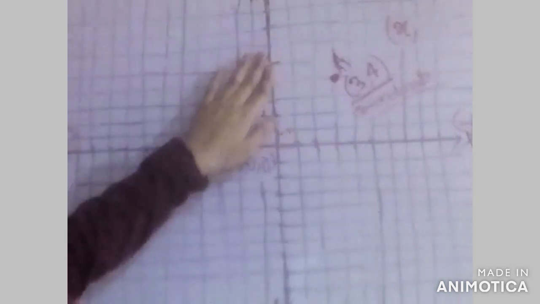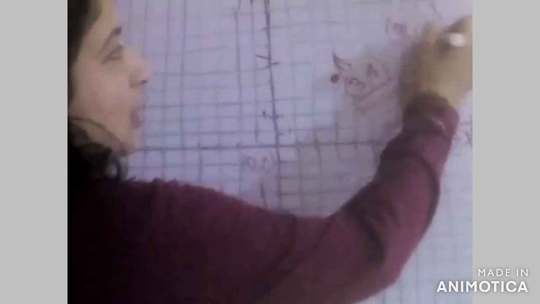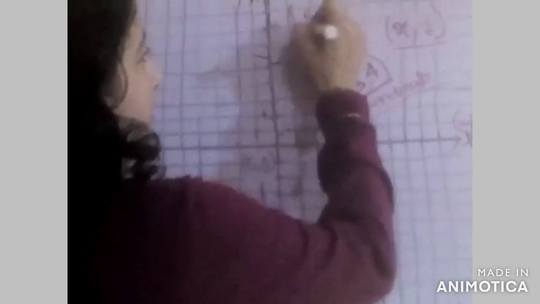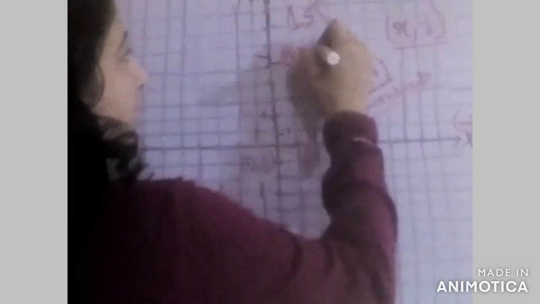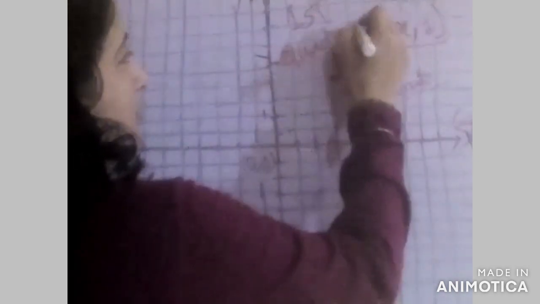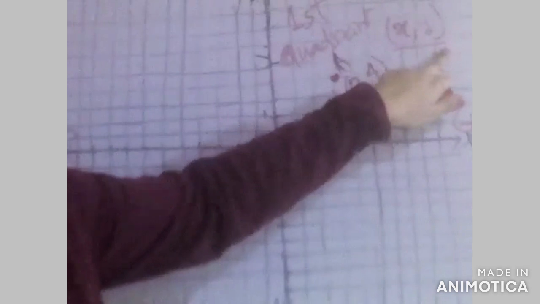So this top side is the positive side of the number line. So y is also positive. So in the first quadrant, x and y both are positive.